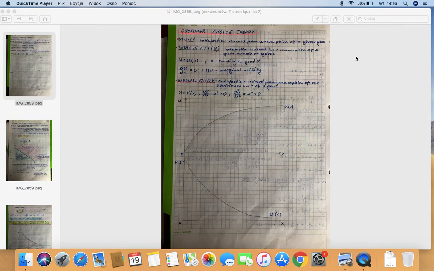So this last topic, I'm going to discuss with you using the notes I've been making for you. Today we're going to discuss customer choice theory. This is a subject you will be discussing in detail during your intermediate microeconomics class next semester.